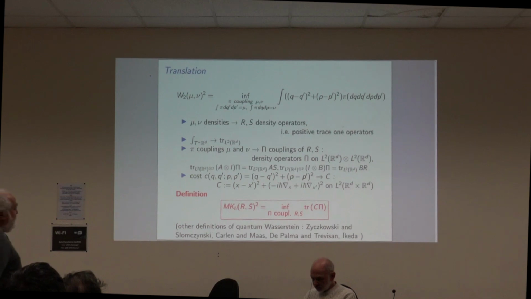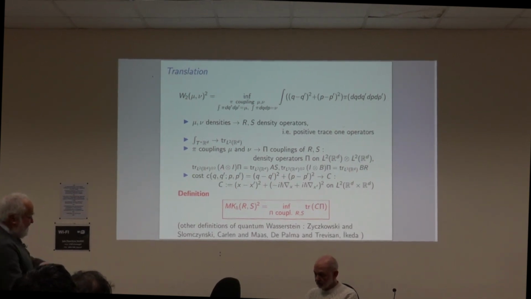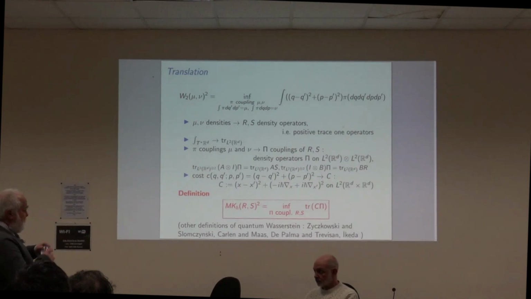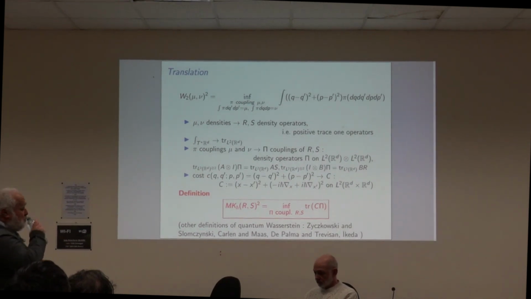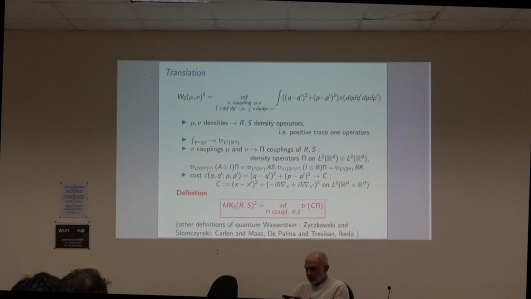This was not the first definition of quantum Wasserstein. There were several others. For example, the one of Zyczkowski and Słomczyński, another one by Carlen and Maas, related, for people who know, to Benamou-Brenier theory.